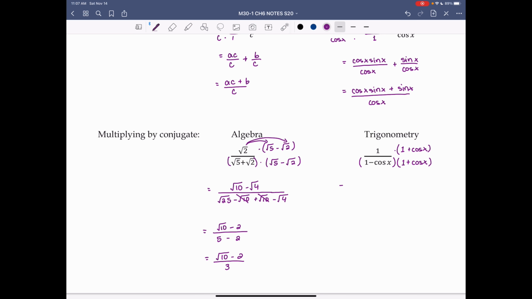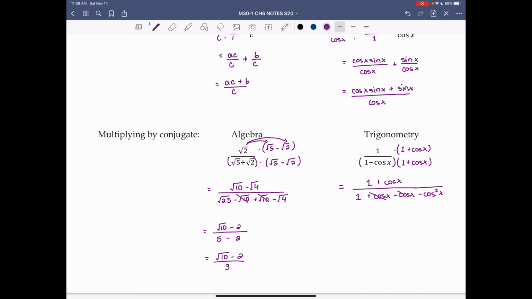We get the top would just be 1 plus cos x. The bottom, 1 times 1 is 1. 1 times cos x is cos x. Negative cos x times 1 is negative cos x. And negative cos x times cos x is negative cos squared x.